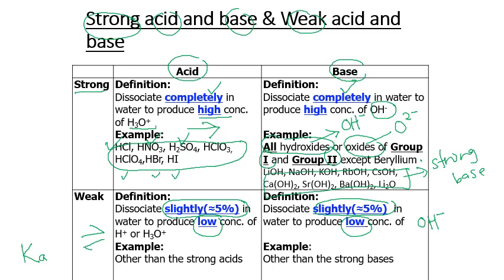As mentioned just now, if it is a weak acid, a Ka value will be given, where the A represents acid. While if it is a weak base, a value of Kb will be given, where the B refers to base. Okay, now we are at the main idea of this video.